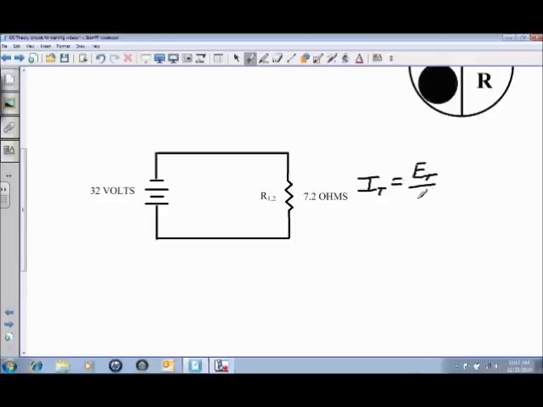So the I total is what we're looking for, is going to be the E total divided by your R total, or your total opposition to current flow, or 32 volts, which is our source voltage, divided by 7.2 ohms. Now, that answer for your I total is 4.44 amps.